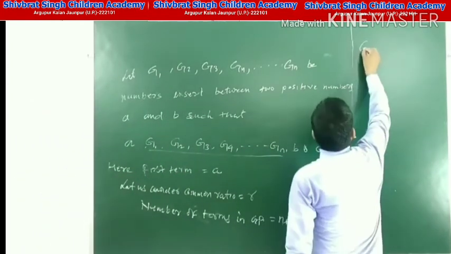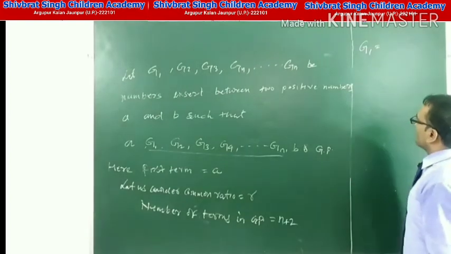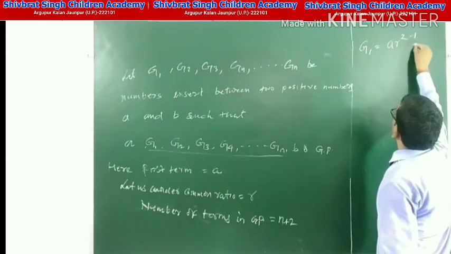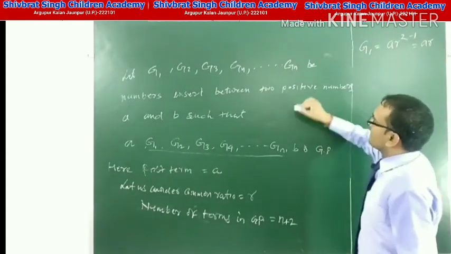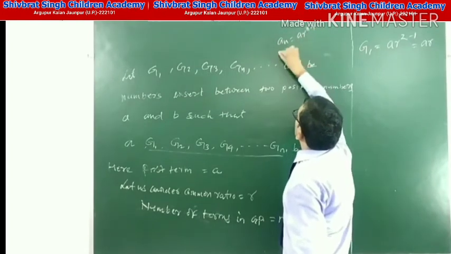Here G1 is the second term of this GP. The second term of this GP is ar to the power 2 minus 1, that means ar. The general term of the GP is an equal to ar to the power n minus 1.